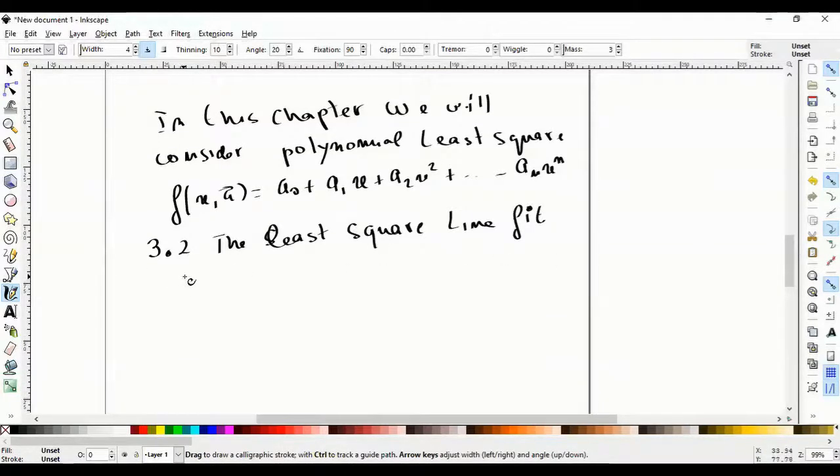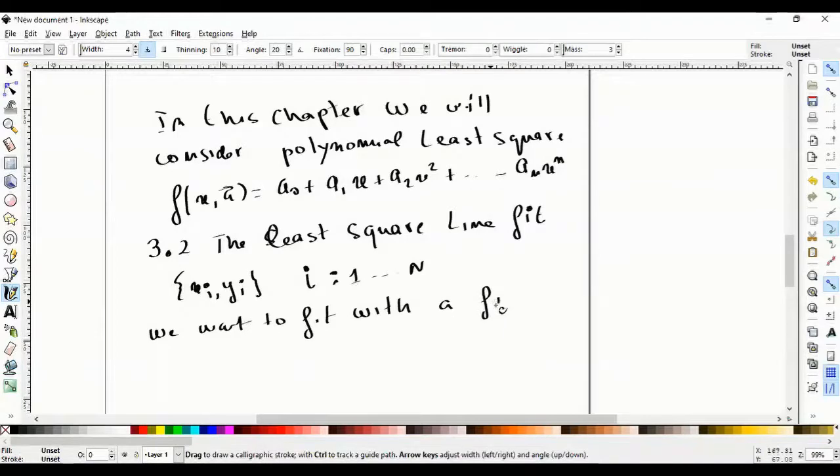We have a set of points xi, yi, with i going from 1 till n, and we want to fit them with a line, meaning f of x, a is equal to a0 plus a1 x.